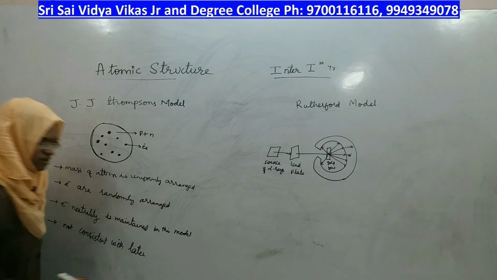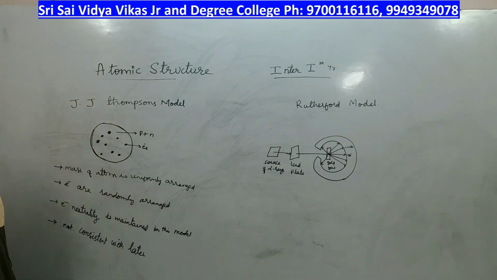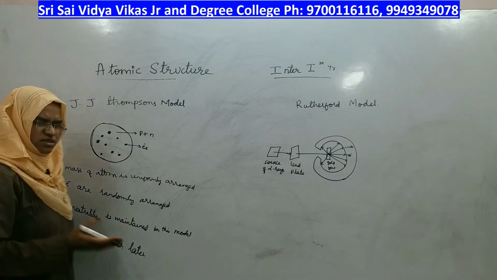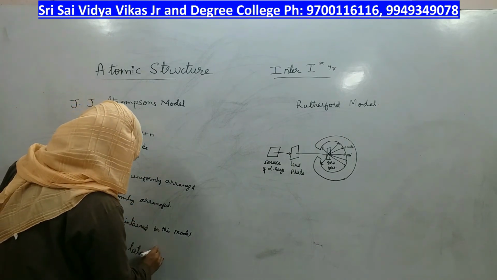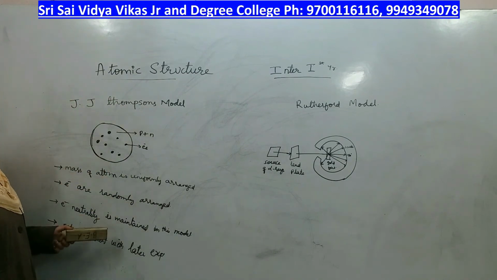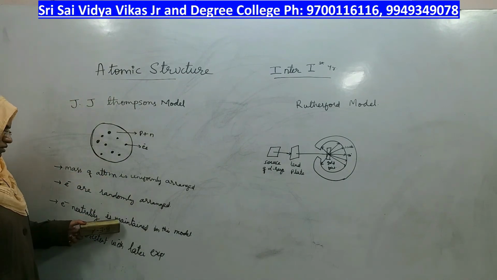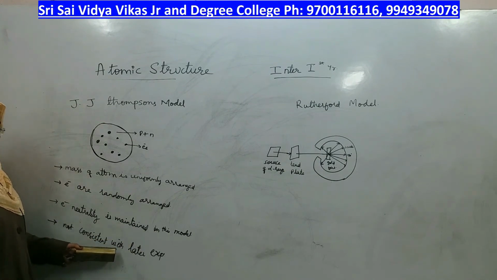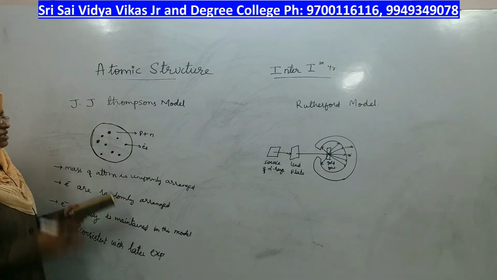After J.J. Thomson, whatever scientific models came were not tallying with J.J. Thomson's old model. So, this is the positive point of J.J. Thomson's model, and this is the limitation or negative point of it.